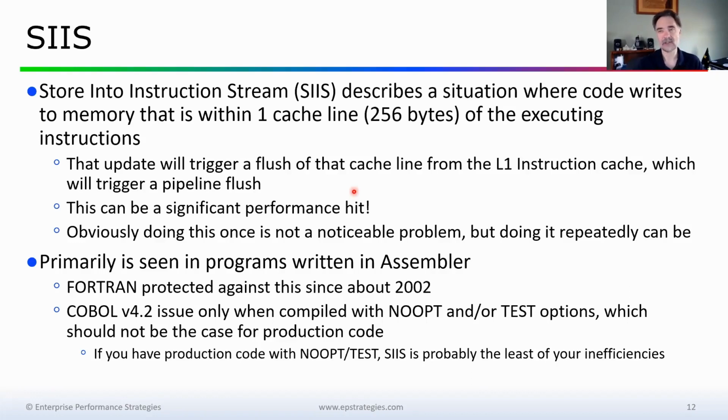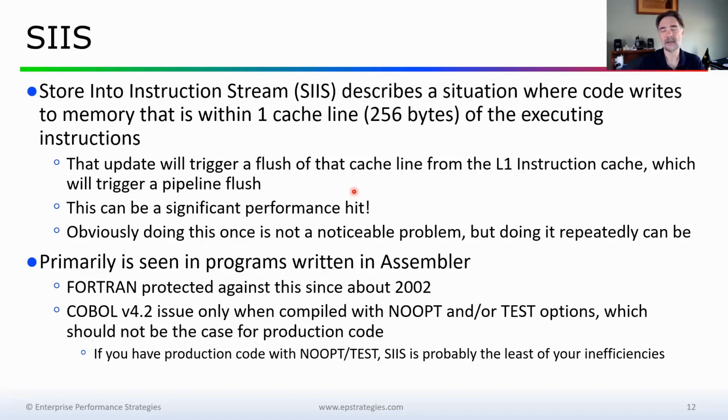Because we had all these things in flight, and now all of a sudden we're saying, oops, stop, rewind, and do this again. You do this once, it's not a big deal. You do this twice, it's not a big deal. But if you keep repeatedly doing this, then this can, in fact, be a huge deal, because now you're really losing the benefit of all that architecture that is trying to run multiple instructions simultaneously.